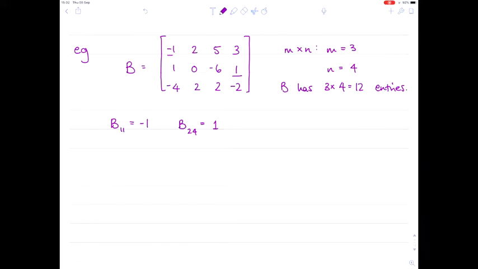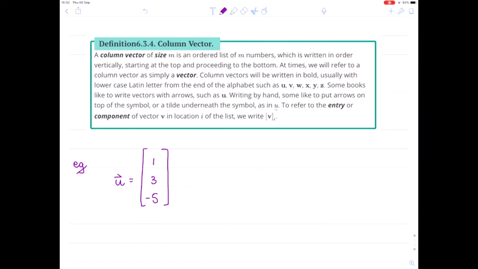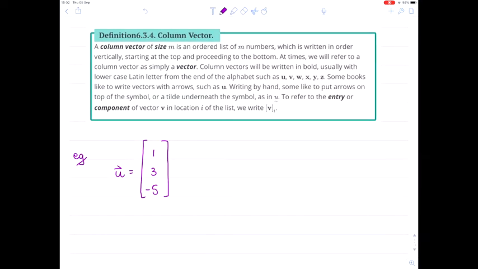Okay, so now we have matrices, but we need another special kind of matrix, which is called a column vector. A column vector of size m is an ordered list of m numbers written in order vertically, starting at the top and proceeding to the bottom.